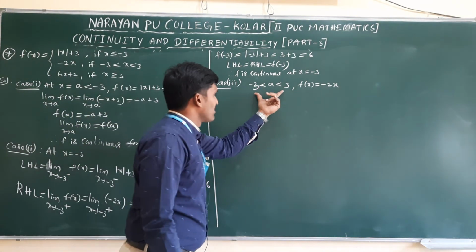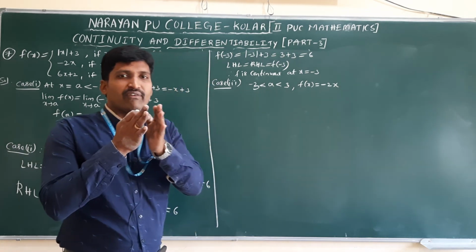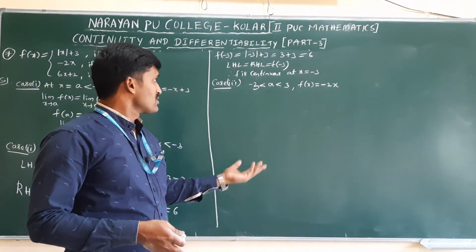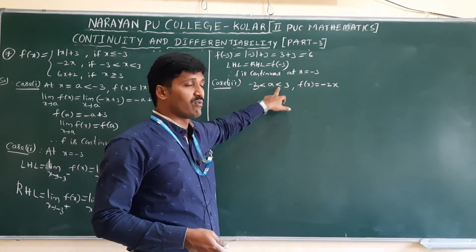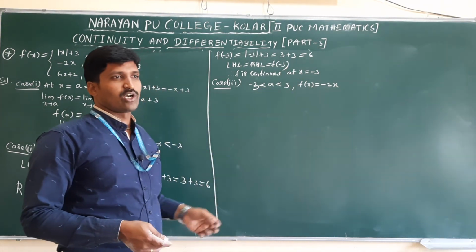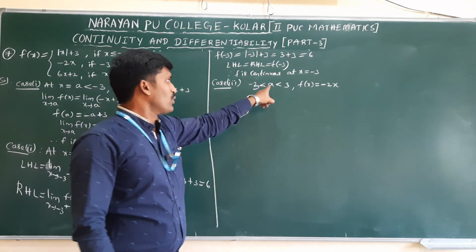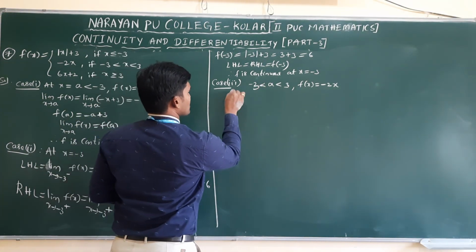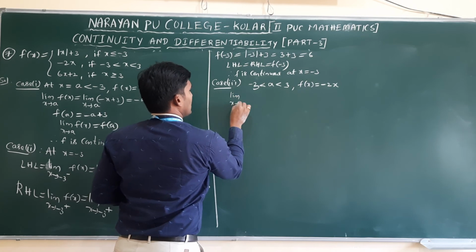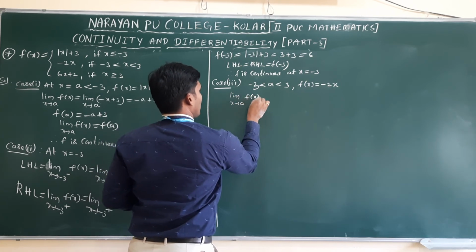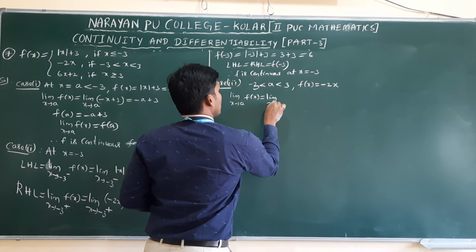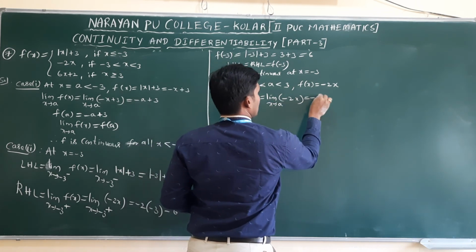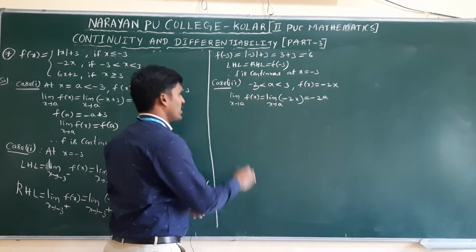In between minus 3 to plus 3, we have an infinite number of values: minus 2.9, minus 1, 0, 1.1, 1.2, like that. We are not able to check at one value. That's why we are using a symbol a in place of x. Now a single function means the first definition. Limit x tends to a, f of x is equal to limit x tends to a of minus 2x, that is minus 2a.